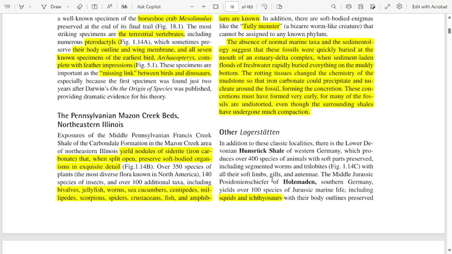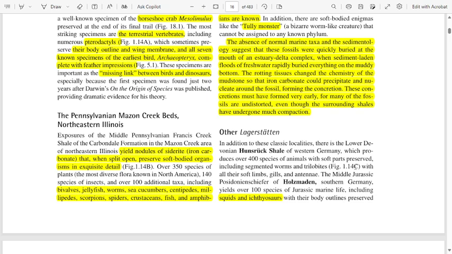Other Lagerstätten. In addition to these classic localities, there is the Lower Devonian Hunsrück Shale of western Germany, which produces over 400 species of animals with soft parts preserved, including segmented worms and trilobites, with all their soft limbs, gills, and antennae.